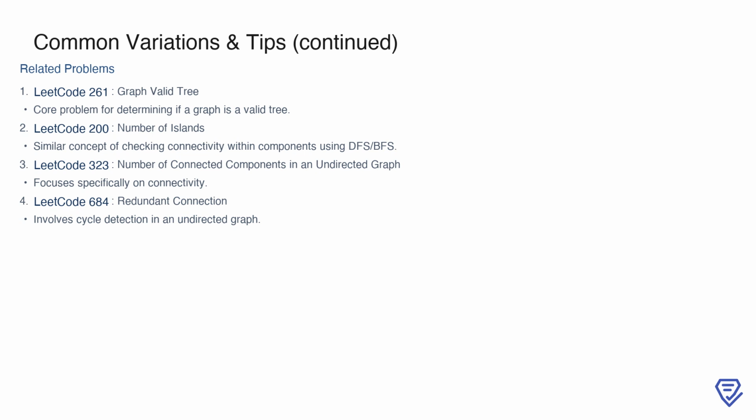LeetCode 323, the number of connected components in an undirected graph, focuses specifically on identifying disconnected parts of a graph. Finally, LeetCode 684, redundant connection, requires detecting cycles in an undirected graph, often with the help of union find. These problems highlight different aspects of graph traversal and connectivity, making them great practice to reinforce your skills.